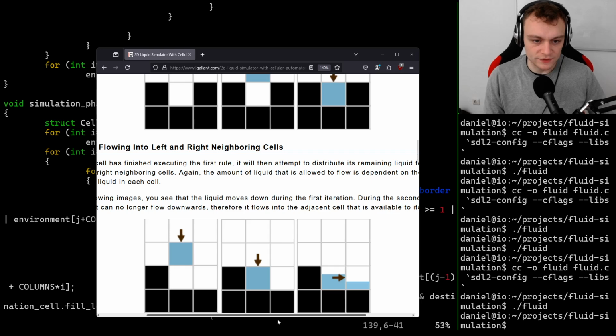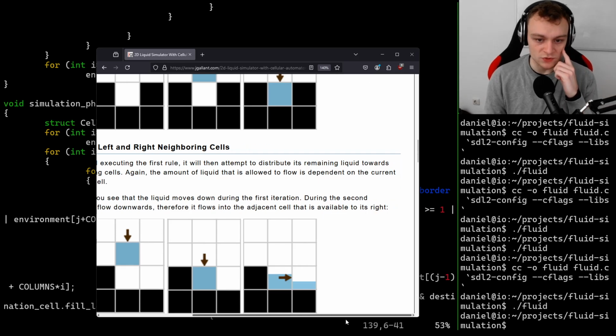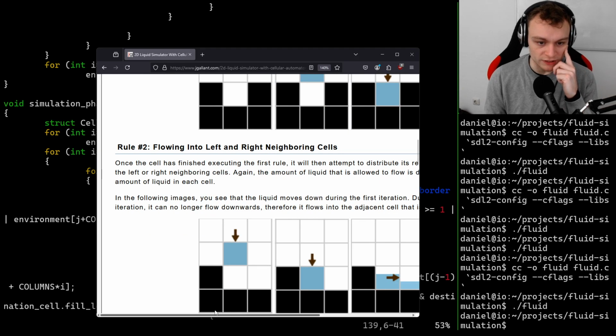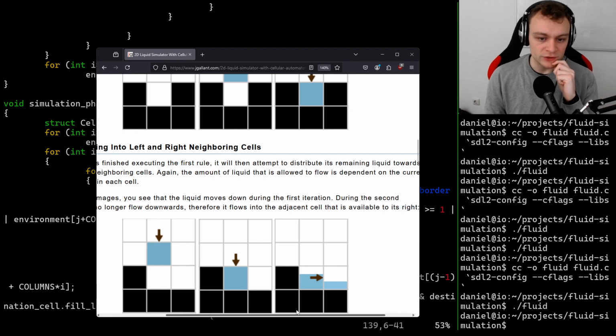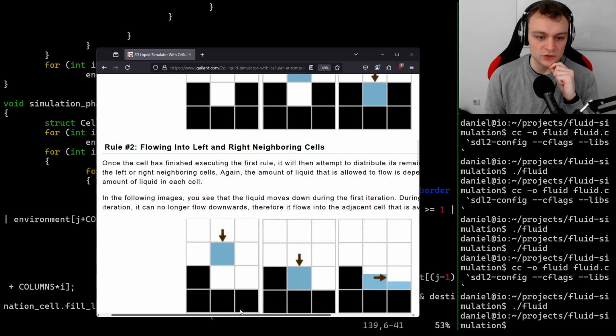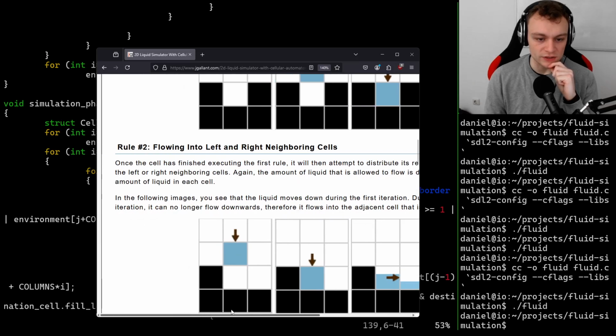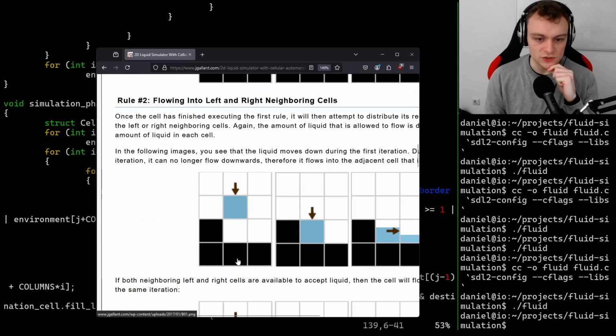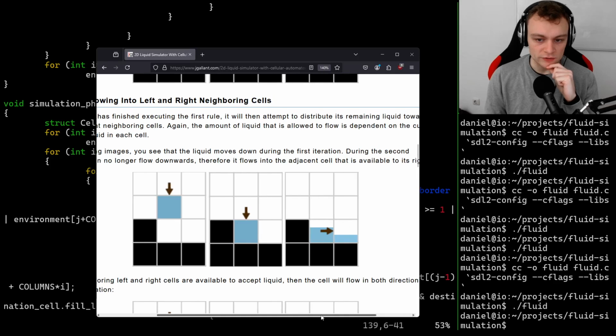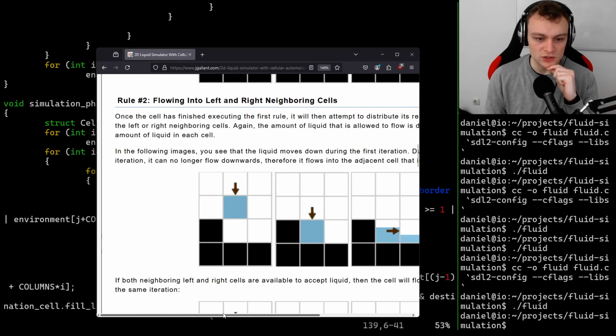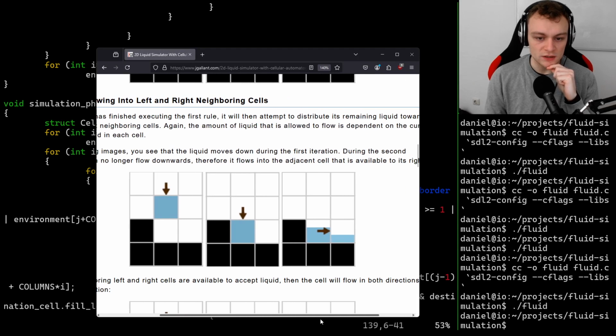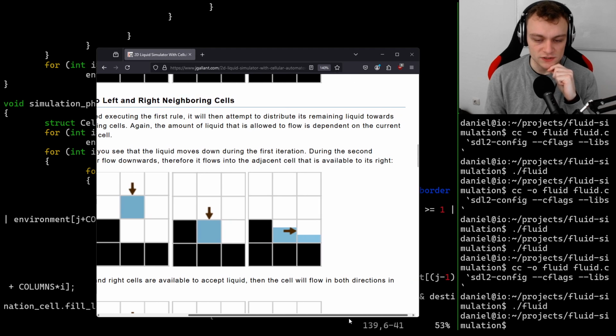Once the cell has finished executing the first rule, it will then attempt to distribute its remaining liquid toward the left or right neighboring cells. The amount of liquid that is allowed to flow is dependent on the current amount of liquid in each cell. In the following images, you see that the liquid moves down during the first iteration. During the second iteration, it can no longer flow downwards. Therefore, it flows into the adjacent cell that is available to its right.